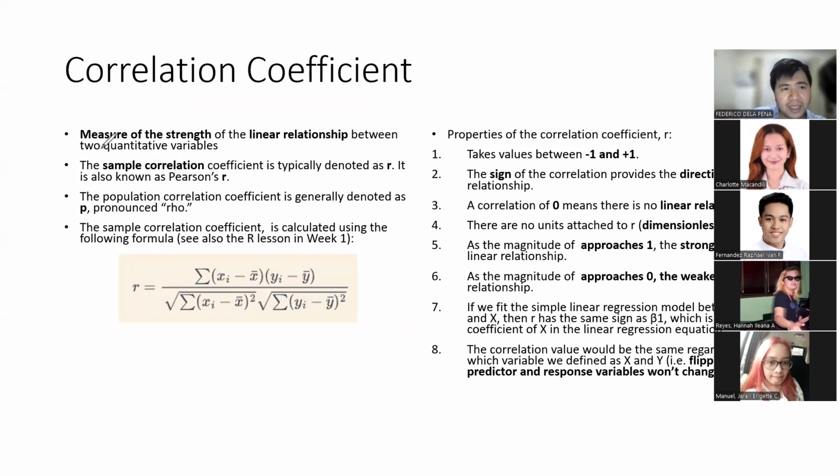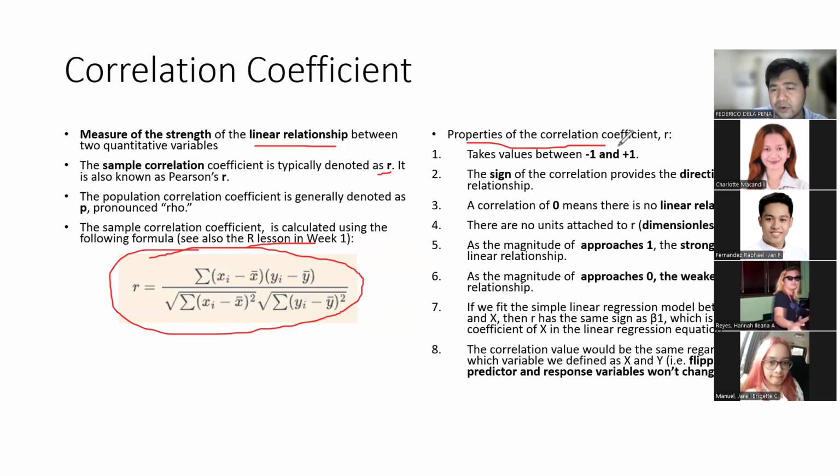Let's define it: it's a measure of the strength of the linear relationship between two variables, and it's usually denoted as a small r, or Pearson's r. And this is the formula for calculating the correlation coefficient. This is essentially the same equation which we encountered in the first lecture in week 1. Not going to expound on this one.